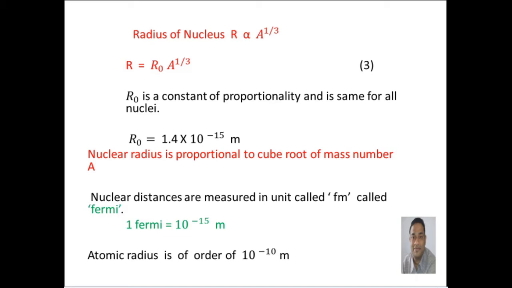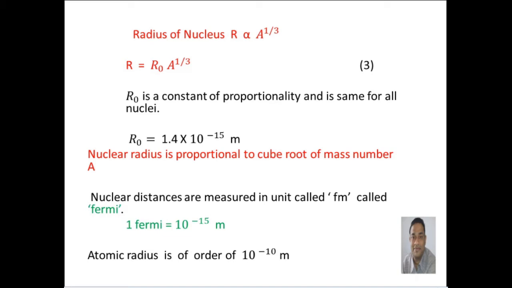Thus the nuclear radius is directly proportional to the cube root of mass number A. Nuclear distances are measured in a unit called Fermi, and 1 Fermi has the value 10 raised to the power minus 15 meter.